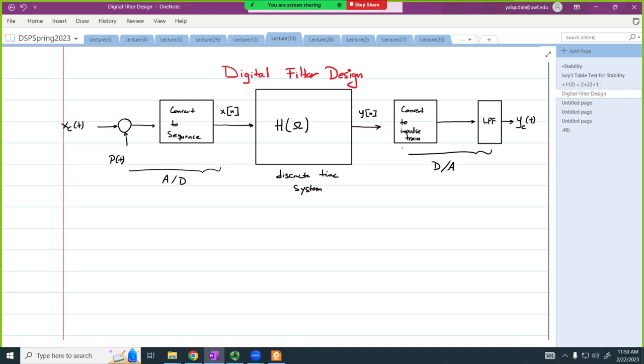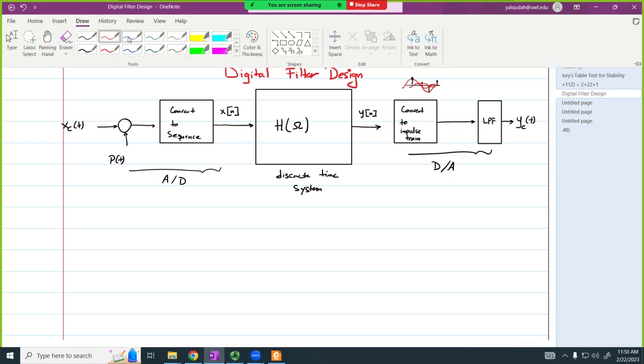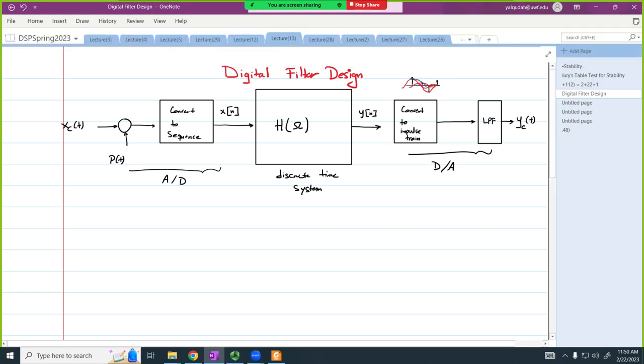Remember? So this is going to look something like this. Impulses. Then the low pass filter is going to look like the things that we've seen. And overall, the output is going to be the continuous time signal back.